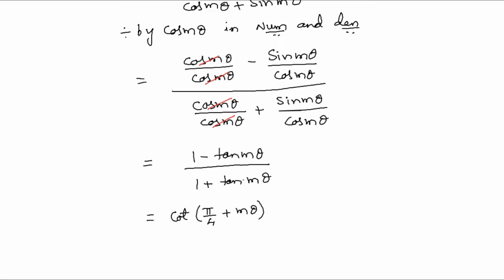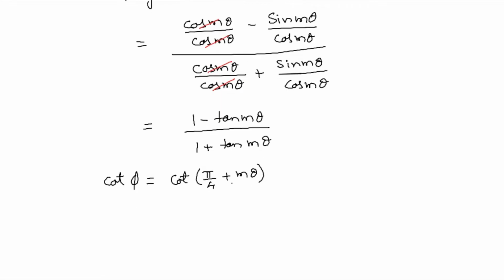A similar result I have shown in one of my previous videos. You can watch that video to know how we get 1 minus tan by 1 plus tan in terms of cot. So on the left hand side we have cot phi. Therefore we get the value of phi to be equal to pi by 4 plus m theta.